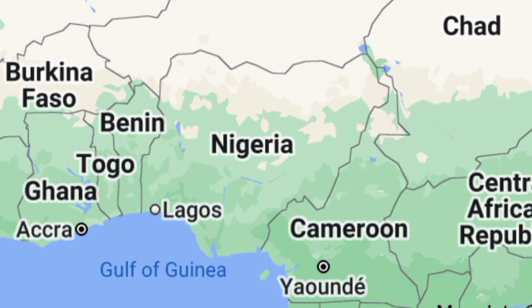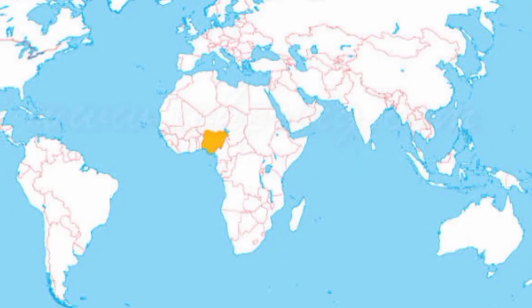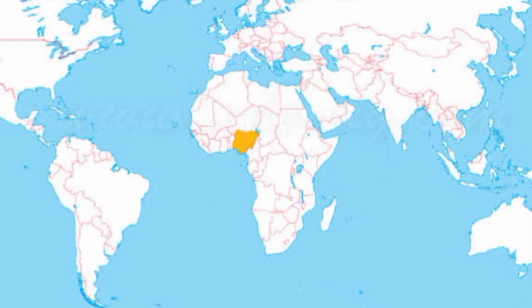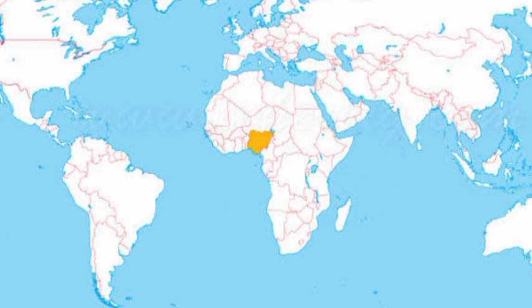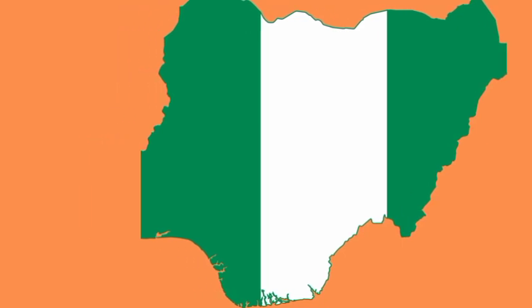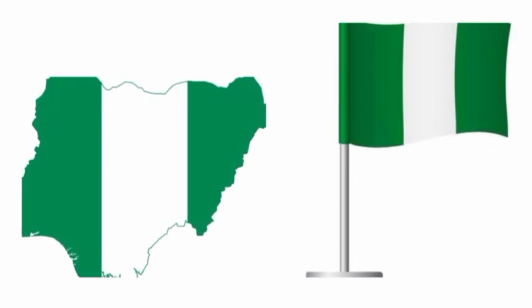Nigeria is bounded by French-speaking countries, which are also known as the Francophone West African countries. Looking at the location of Nigeria, located at the extreme inner corner of the Gulf of Guinea on the west coast of Africa, Nigeria occupies an area of 923,768 square kilometers, extending 1,127 kilometers east-west and 1,046 kilometers north-south.